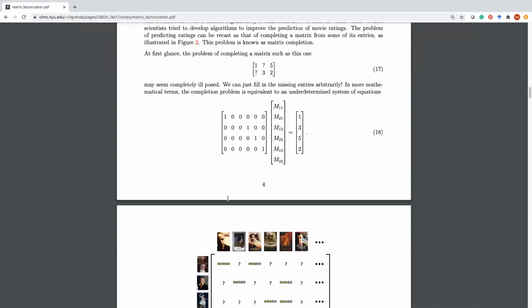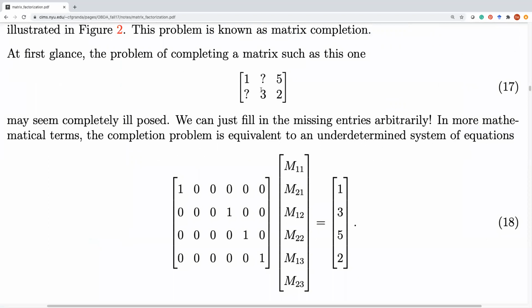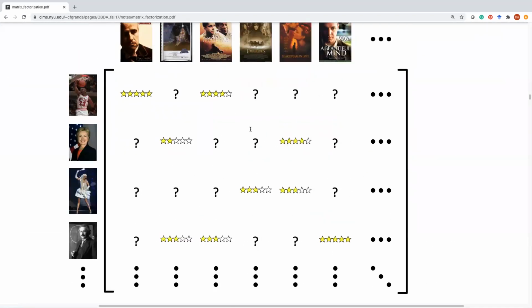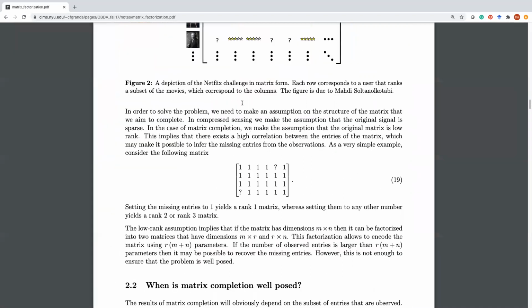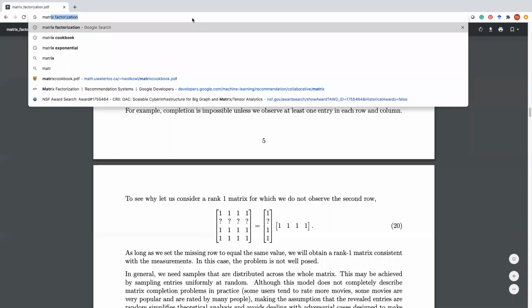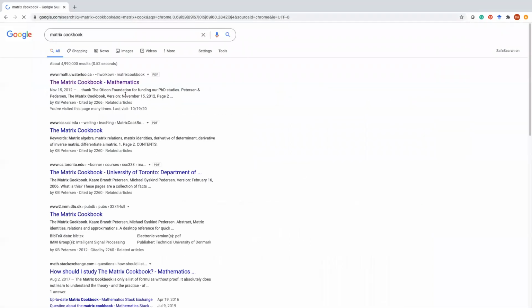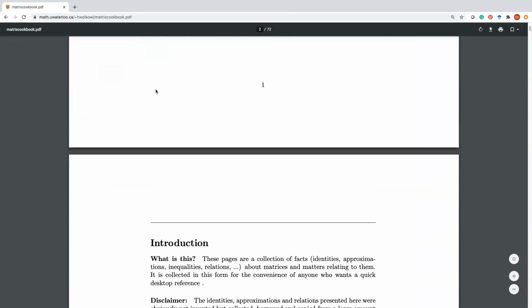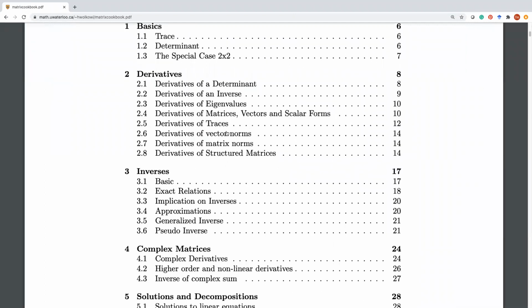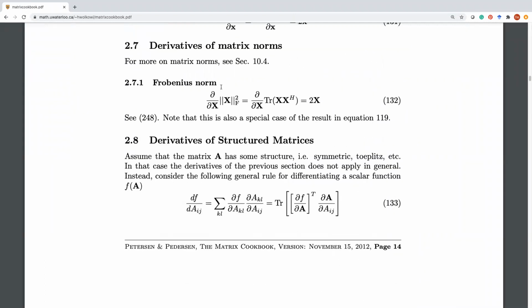This is the example of missing values, a movie rating example. An important thing about why we need multivariate calculus is this matrix. This Frobenius norm is very popularly used for this kind of optimization problem, because when we need to do derivative and gradient descent, if you look at a norm, vector norm, matrix norm, this is a matrix norm.